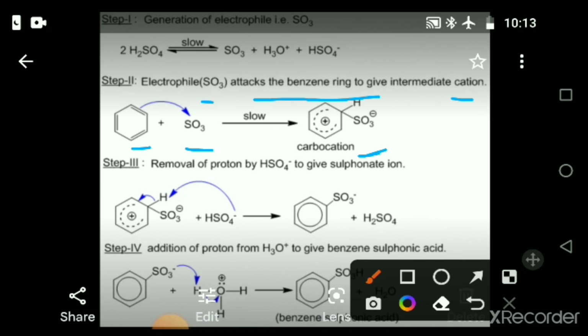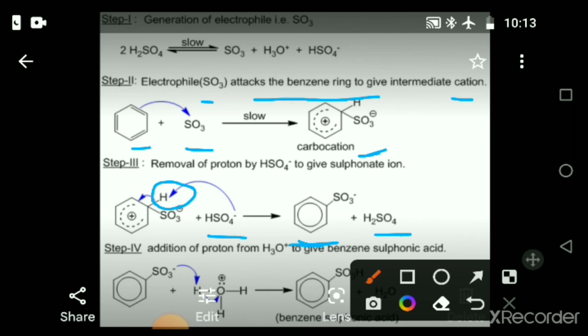After the carbocation formation, a proton is removed from the intermediate to form the product. By removing hydrogen from the benzene ring, we get benzene with SO3, which is called benzene sulfonic acid, and one sulfuric acid remains. This is about the sulfonation reaction.